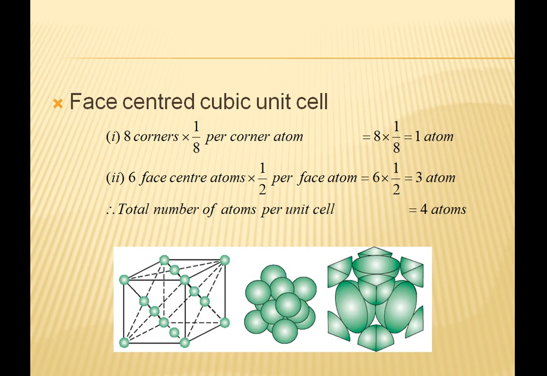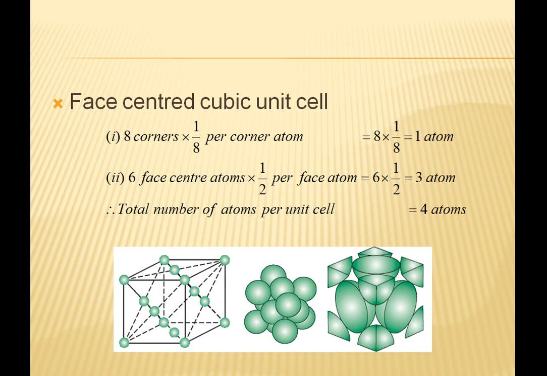Similarly, in a face-centered unit cell, the particles are present at the corners as well as at the center of the faces. For corners, the contribution is same, 8 corners into 1/8 per corner atom, so it will be 1 atom. But the particle which is present at the center of the face, that will be shared by 2 unit cells.